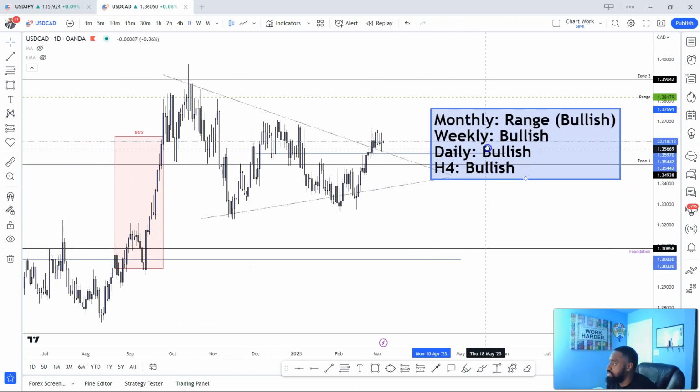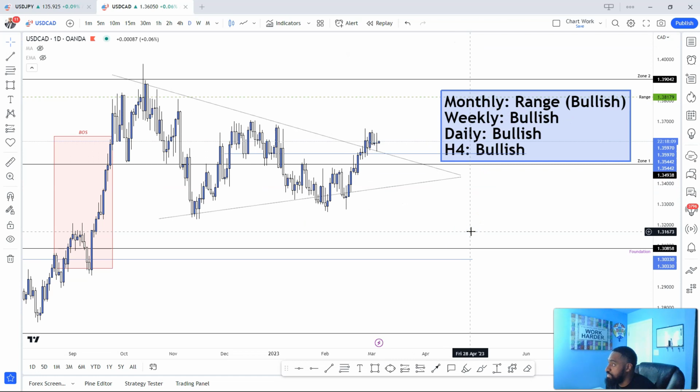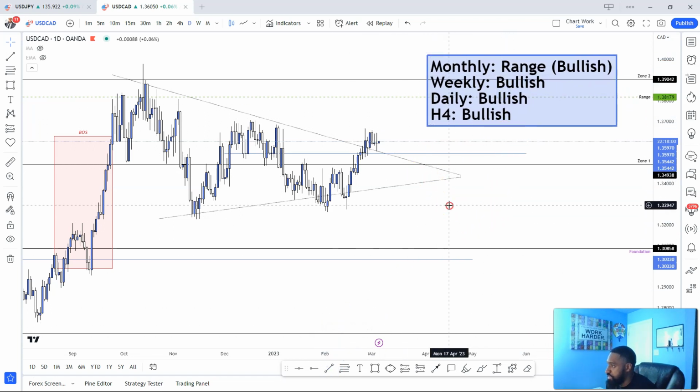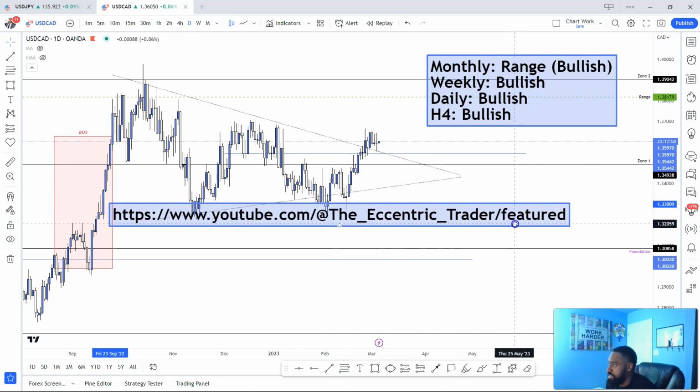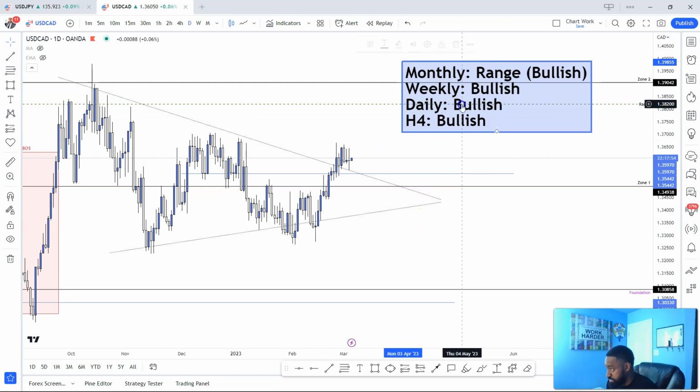I think the daily looks pretty good. The daily looks really good. I would consider it bullish still. So what we want to see is for price to keep going up.